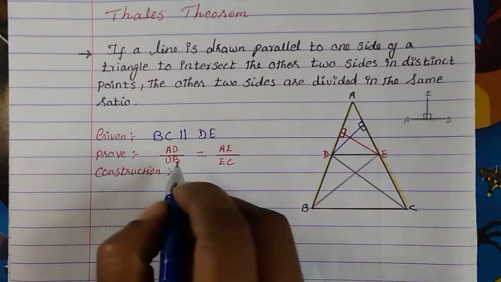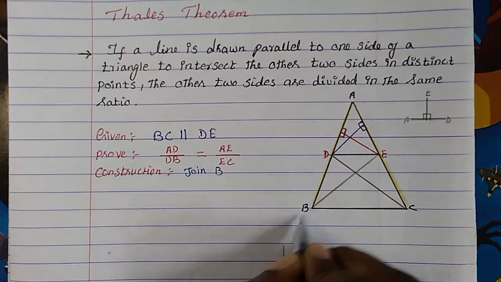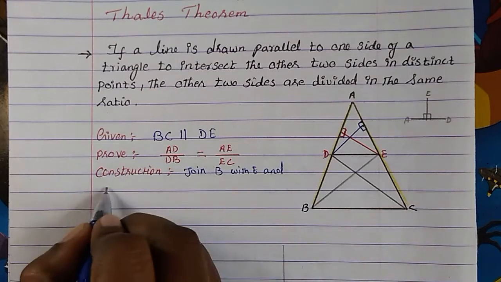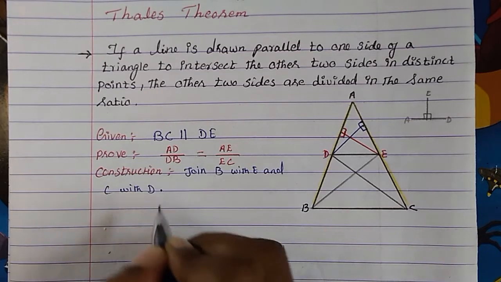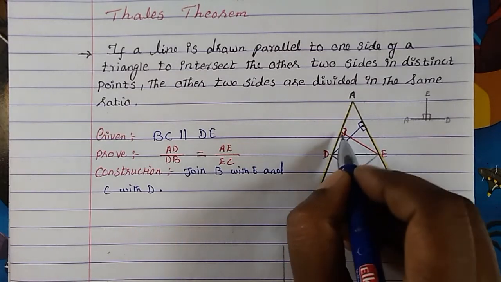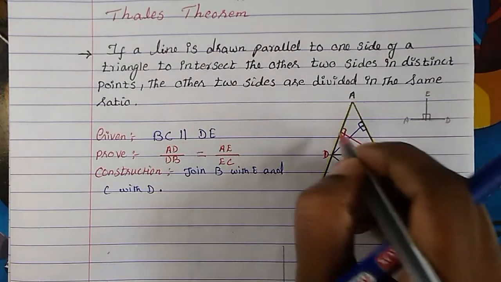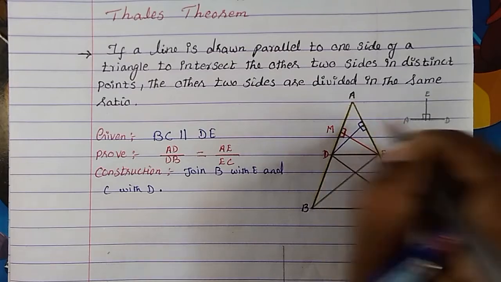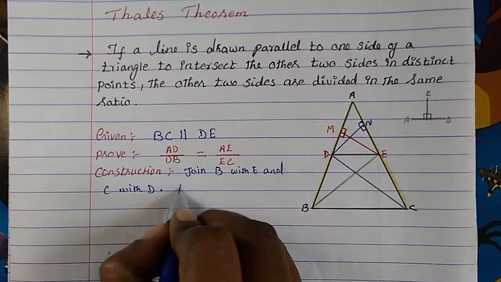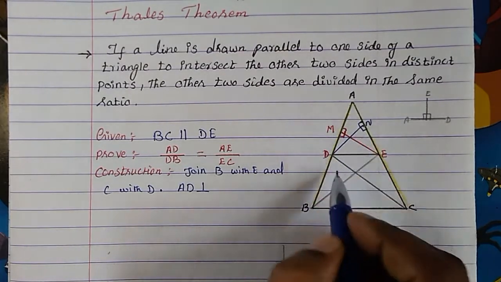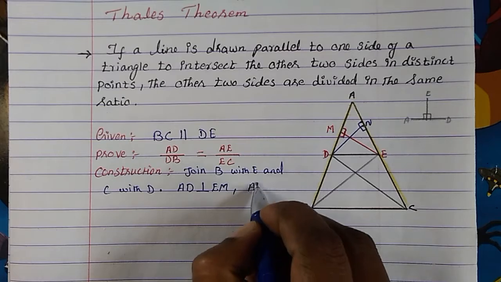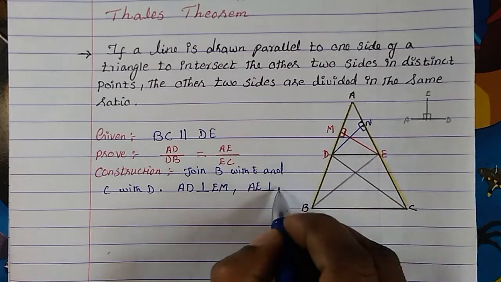So we can write down: join B with E and C with D. Then for AD we are drawing a perpendicular line from E. You can name it M, and this one N. For AD the perpendicular line is EM, and for AE the perpendicular line is DN.